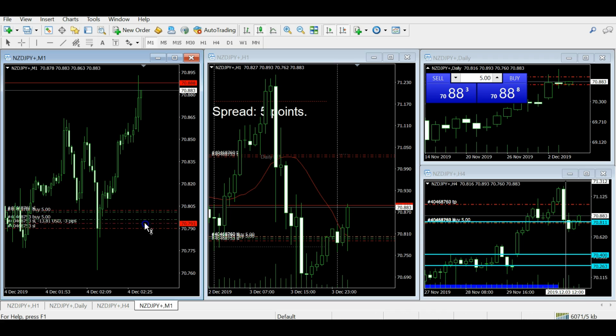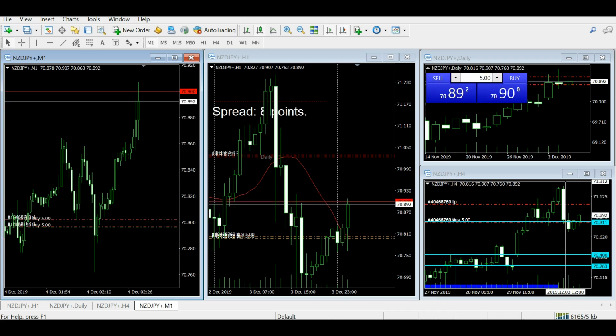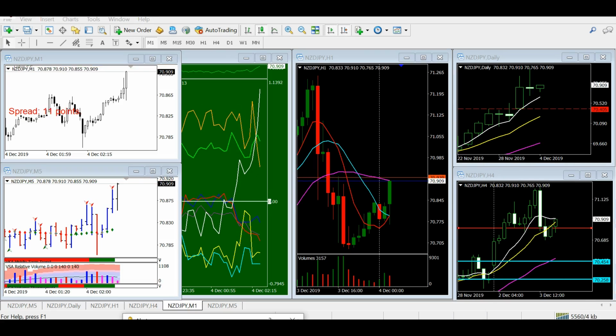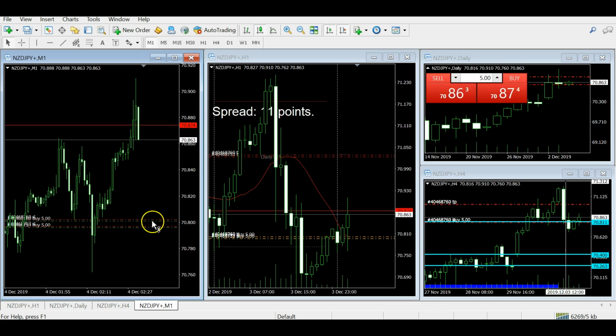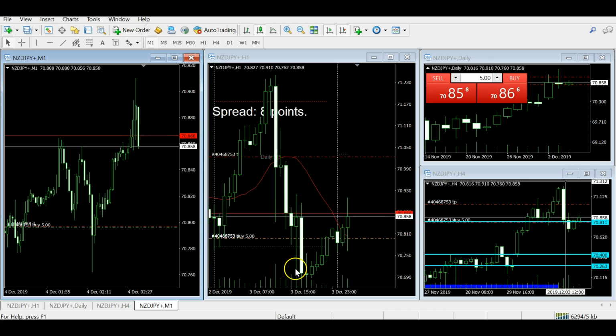Now we can see how the market is just fluctuating, and this is when the news came out and it hit the daily pivot and automatically it's pushing down.